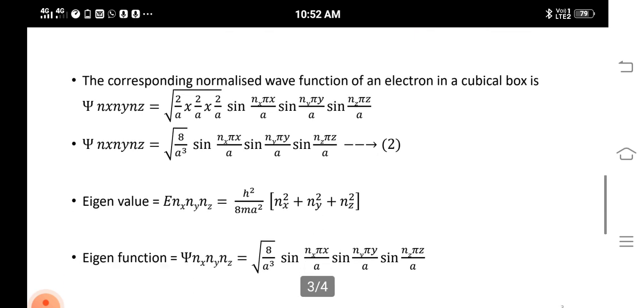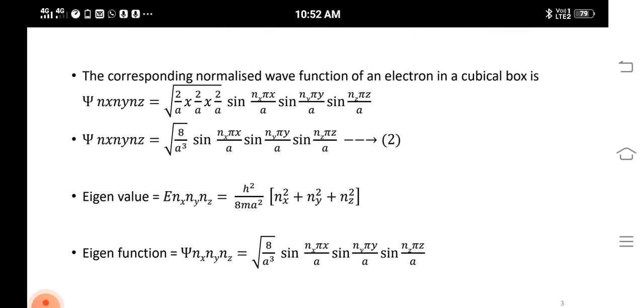Now we'll see the corresponding normalized wave function of an electron in a cubical box, psi of nx, ny, nz, which is equal to the product of the functions, that is, square root of 2 by a into sine nx pi x by a, into square root of 2 by a sine ny pi y by a, into square root of 2 by a sine nz pi z by a.